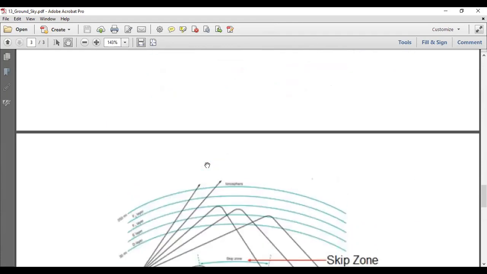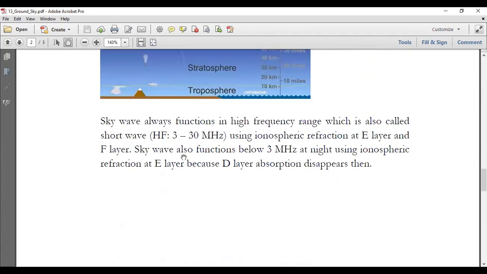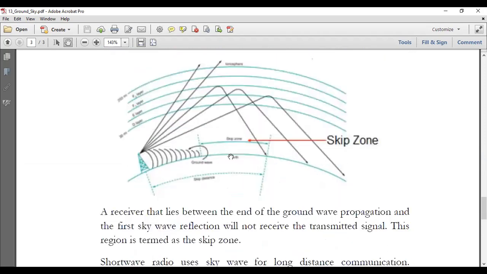The frequency range here is very narrow, 3 to 30 megahertz, so it's not that many applications you can fit in there. There are some, as I said: BBC, Voice of America, some radio broadcast stations used to use skywave. Mostly that was the use of skywave, and they had coverage. They tried to cover the whole Earth, but every part could not be covered because of the skip zone.